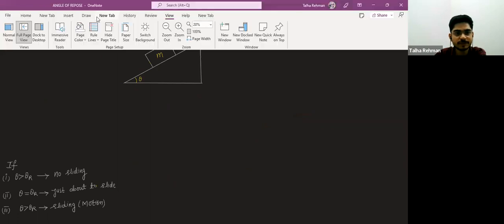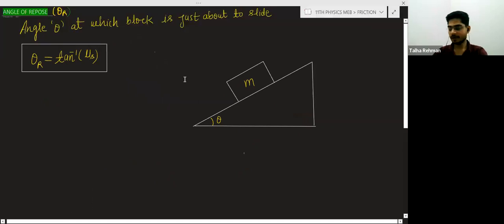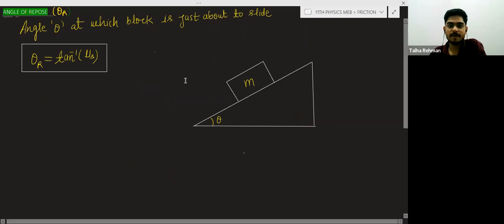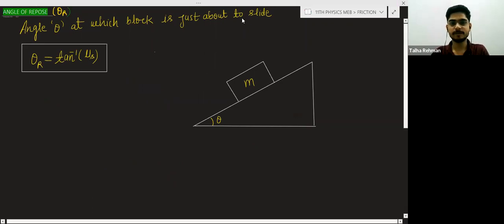Next is the angle of repose. This is a very simple concept. What is angle of repose? I am just showing what angle of repose is. Suppose this is an inclined surface.